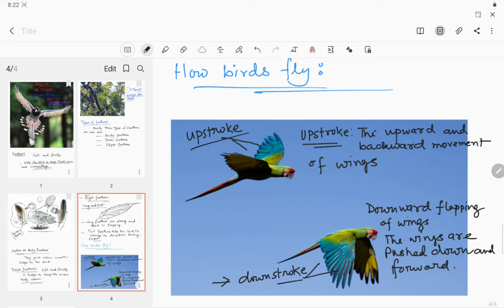So if I ask you a question, how do birds fly, you have to write: a bird flies because of two processes, that is upstroke, and another one is downstroke. Upstroke means the upward and backward movement of wings.